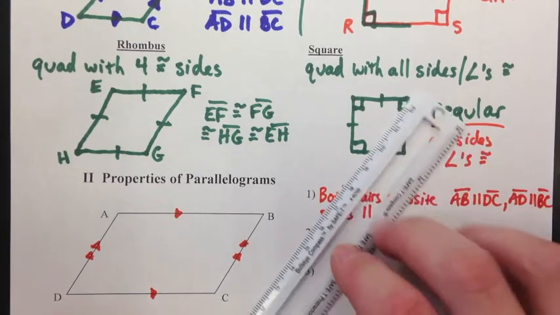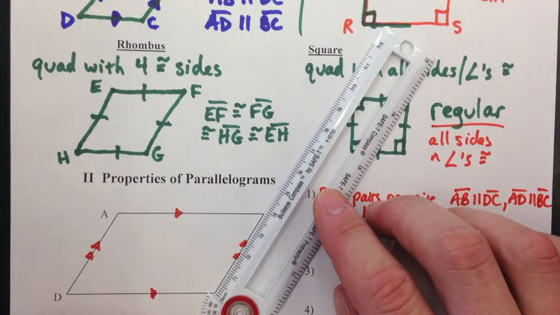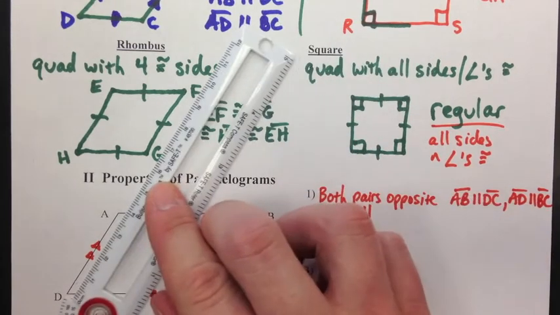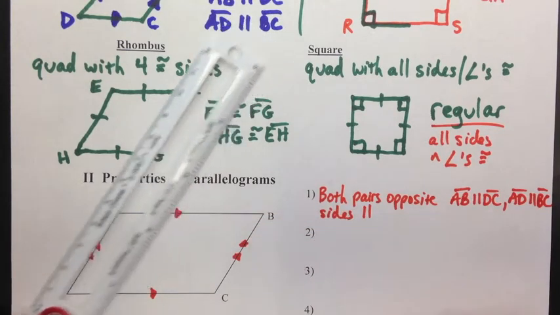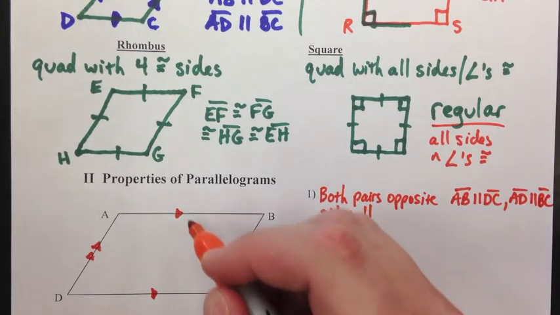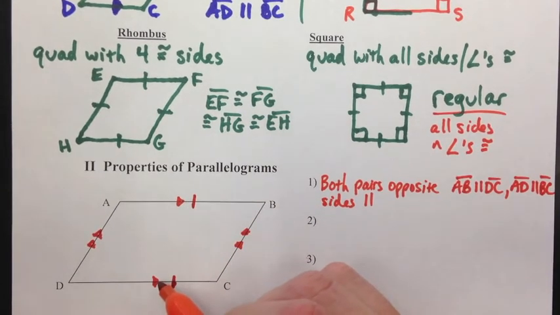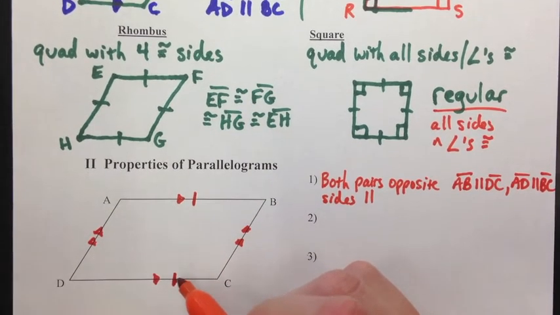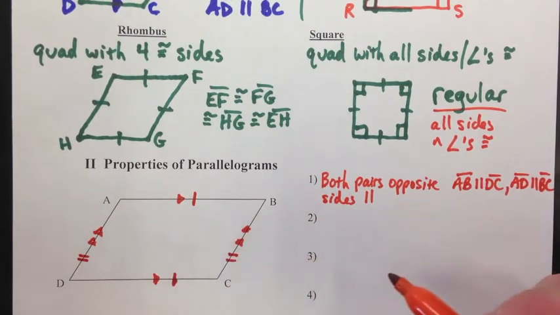And if I take BC, that's about 3.8 centimeters, and DA is 3.8 centimeters. So not only are the opposite sides parallel, we're going to label them congruent, and I label that with tally marks. The arrows mean parallel, the tally marks mean congruent. So 1 mark each there, and we'll say 2 marks each here.